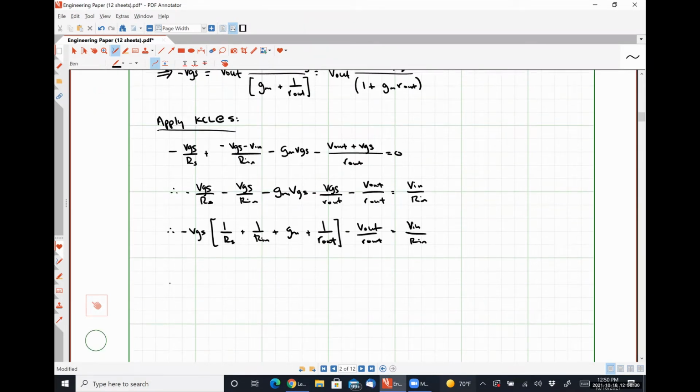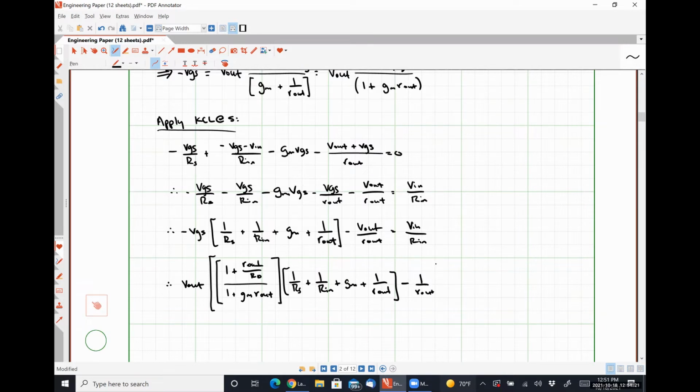And now for a substitution, since I know what VGS is in terms of Vout, which is what we solved for up there, I wind up getting Vout multiplied by a factor of 1 plus Rout over RD divided by 1 plus GM Rout times 1 over RS plus 1 over RN plus GM plus 1 over Rout minus 1 over Rout is equal to VN over RN.